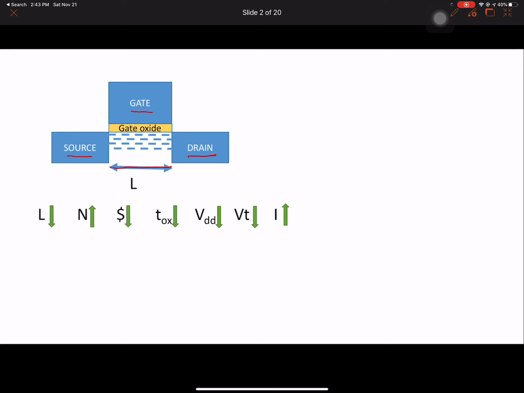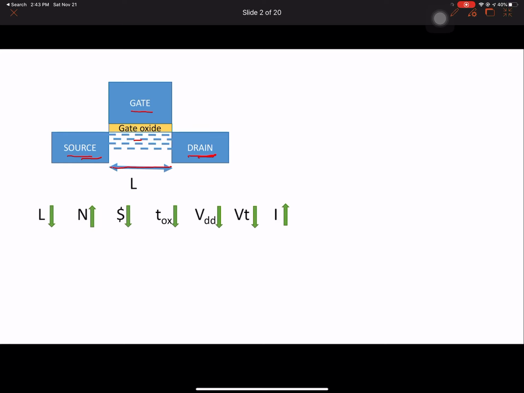Gate is made of polysilicon, and these are the two diffusions. And then we have gate oxide in between this channel and the gate, and this acts as a dielectric for the capacitor between gate and the channel.